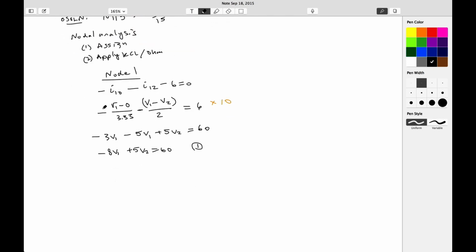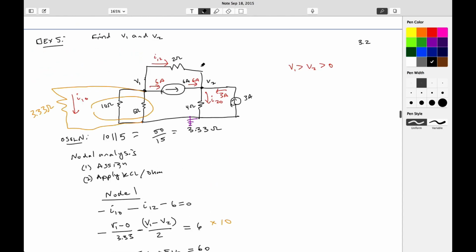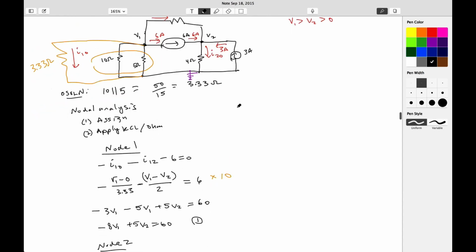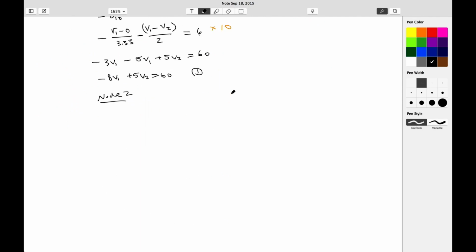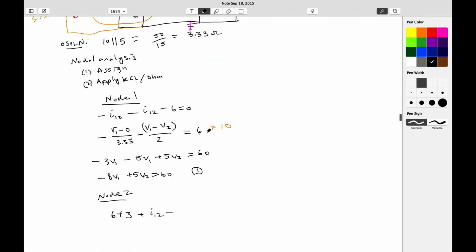Now let's go to node 2. At node 2, what comes in? Well, I12 and 6 amps and 3 amps. So we can write that as coming in 6 plus 3 plus I12, and what comes out? Just I20.